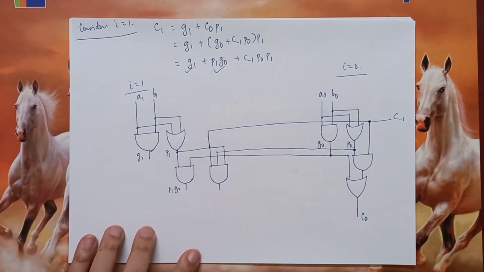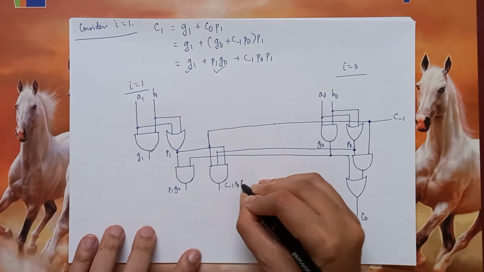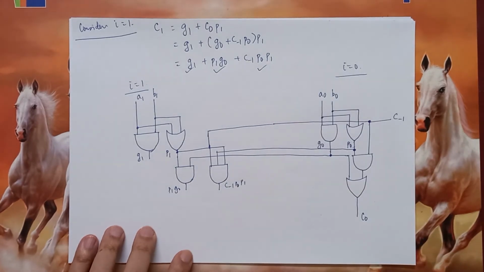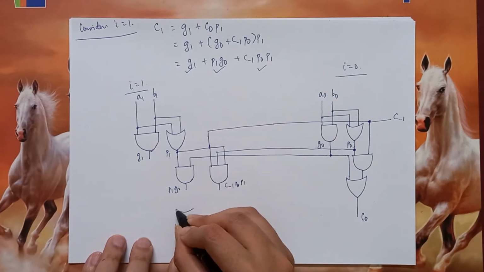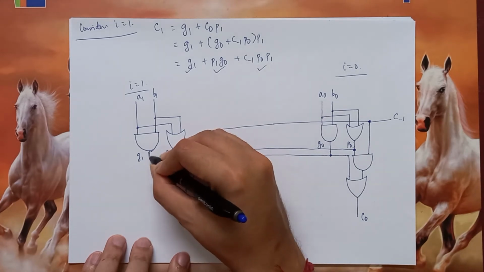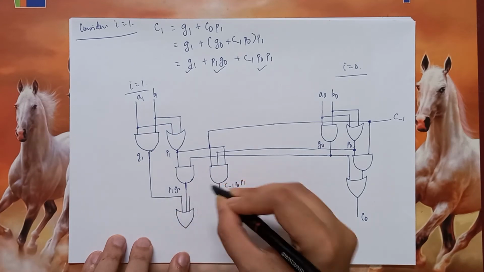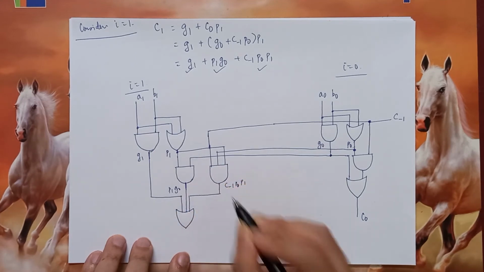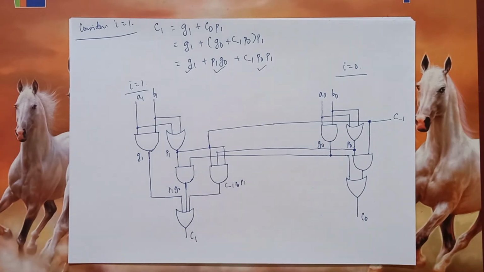This is what we get. Now this term is C minus 1, P0, P1, this is also there. Finally, we will need one OR gate to combine these three terms. So one over here, the other, and we get C1.